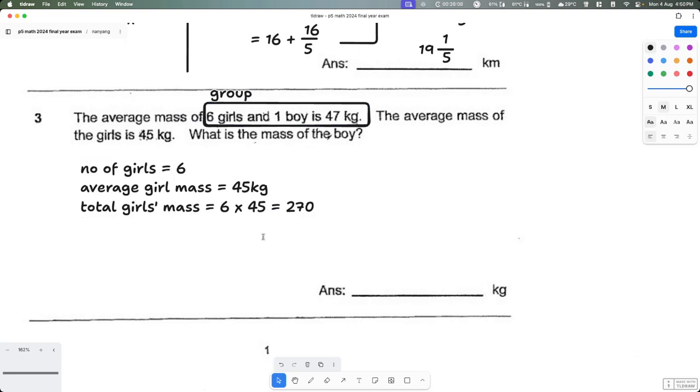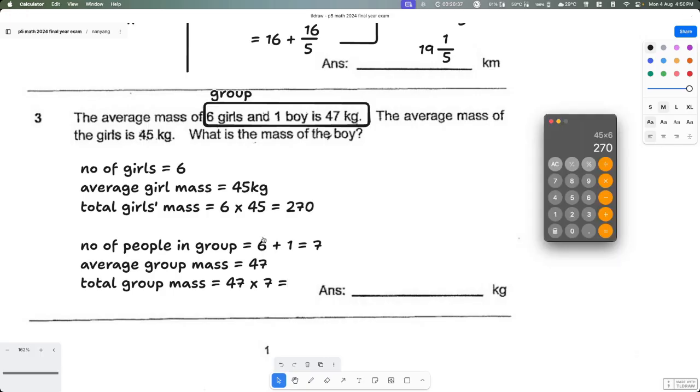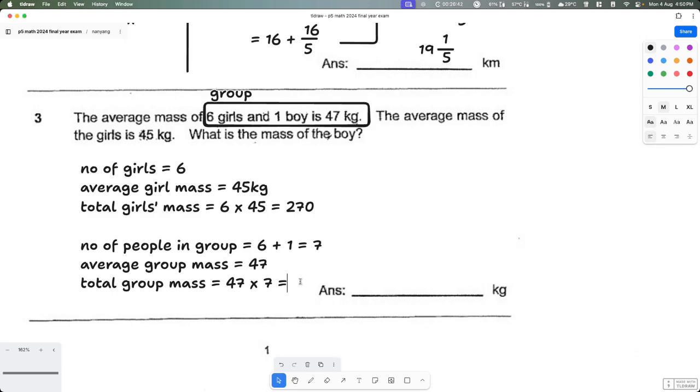So the number of people in the group is equal to 6 plus 1, which is 7, and the average group mass is equal to 47, and then total group mass is equal to 47 times 7. 47 multiplied by 7 is equal to 329 kilograms.